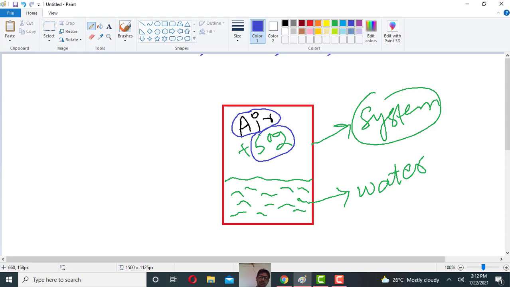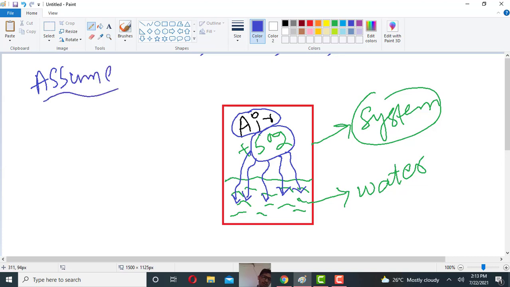We assume that air is not dissolving or absorbing in the water. Only sulfur dioxide is absorbing in the water.